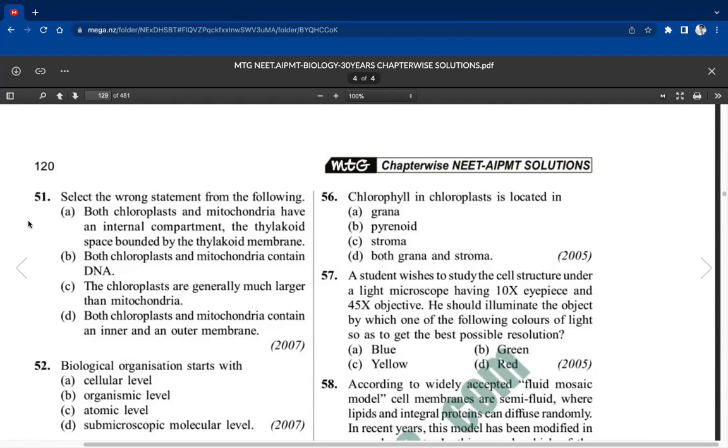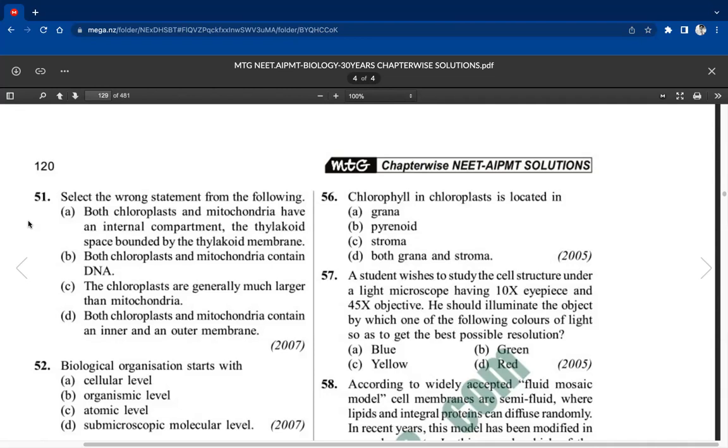Both chloroplast and mitochondria contain DNA. The chloroplasts are generally much larger than mitochondria. Both chloroplast and mitochondria contain an inner and an outer membrane.